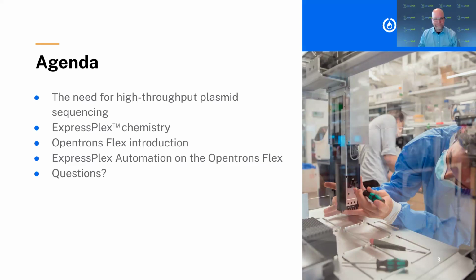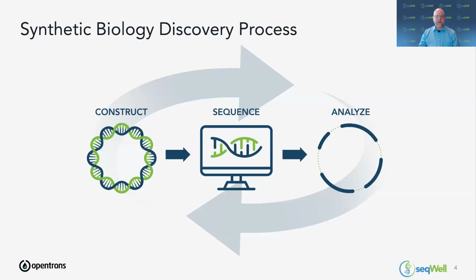So first, I want to talk a little bit about the synthetic biology discovery process and everything that goes along with that. From a perspective of thinking about the process overall, it really becomes a rinse and repeat situation where you are constructing synthetic sequences of interest, be it in plasmids, amplicons, however you want to do it, and everything that goes along with doing that.